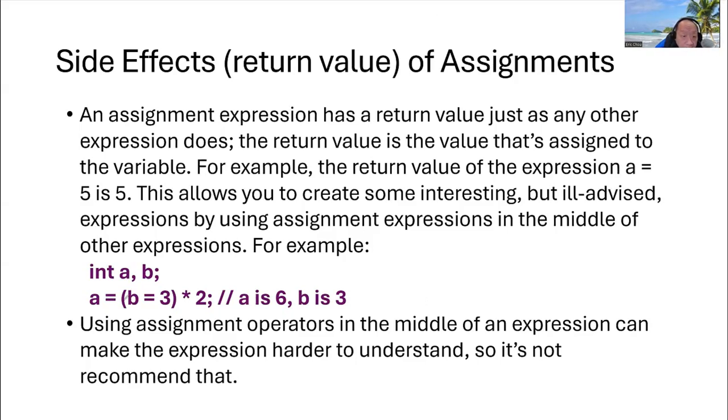If you have a equals b equals 3 times 2, b gets assigned 3 times 2, and then b equals that will release a value of 6, so a becomes 6. So the equal sign has a side effect of returning the value of the assignment. Any question? No. But usually we don't encourage you to write this way. It's very dangerous. This is legal, but not encouraged.